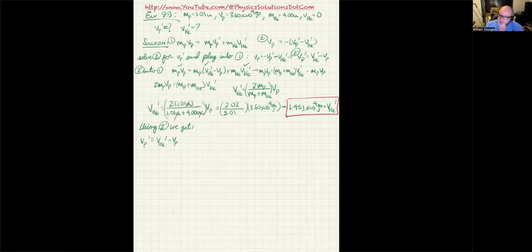I did it last time, but I know a number now, so I can just plug this in. 1.451, I've carried an extra sig fig, times 10 to the fourth meters per second minus 3.60 times 10 to the fourth meters per second.